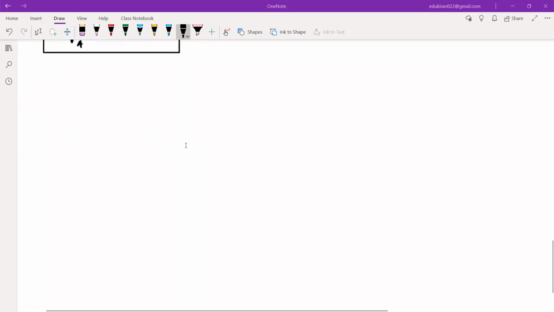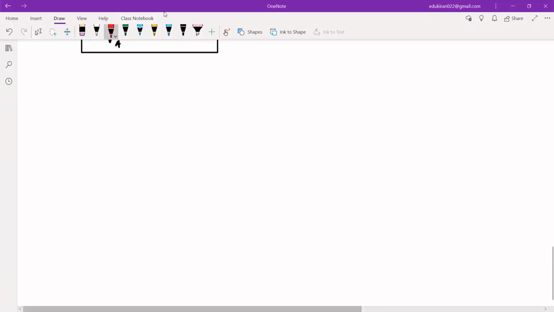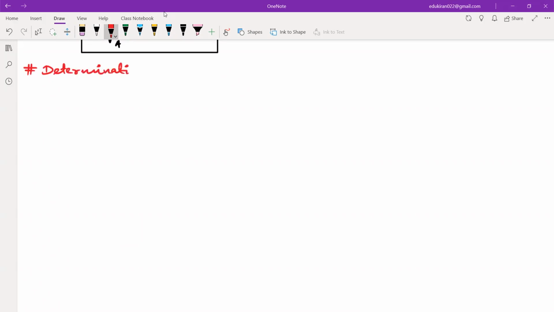Write the topic. Determination of molar mass of solute using the relative lowering of vapor pressure.